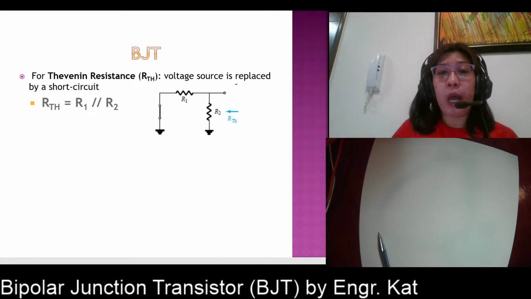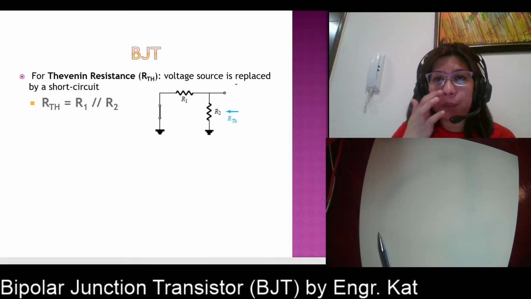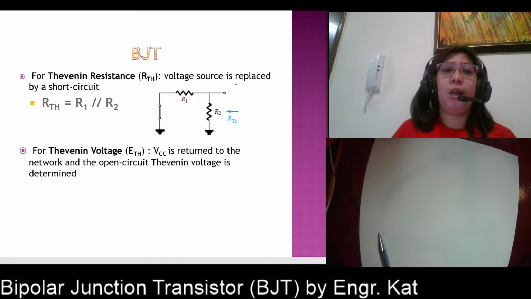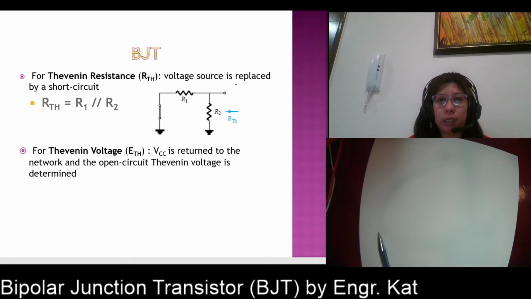Okay? So, how do we solve for your Thevenin's voltage? We are going to bring back your voltage source. For the Thevenin voltage, which is ETH, VCC is now returned to the network and the open circuit Thevenin voltage is determined. Where did we cut the circuit? We cut the circuit across your R2.